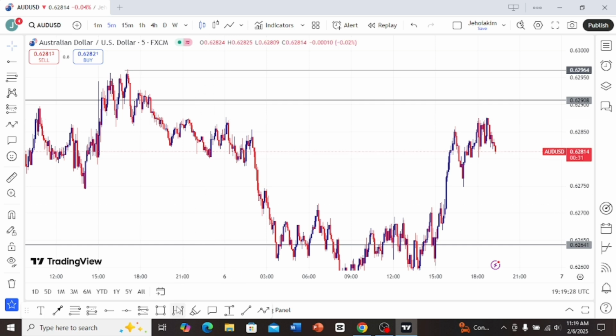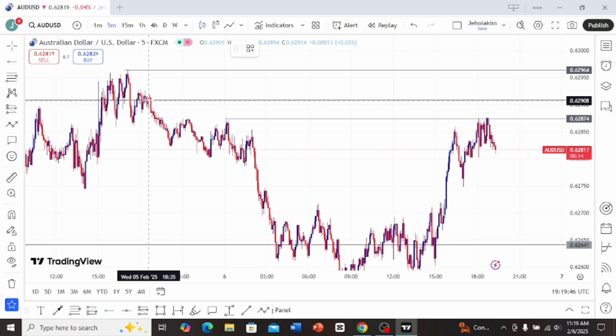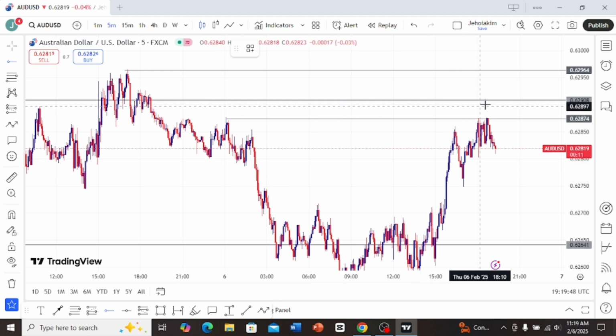All these points are liquidity points. In the academy we go deeply into this, but of course I will not be giving everything in one video. So liquidities are here already, and liquidity will be swept somewhere here, and I have my resistance zone here.